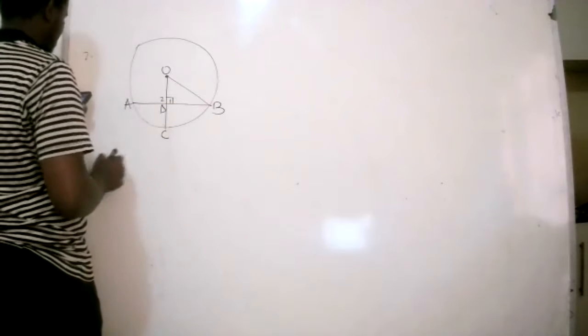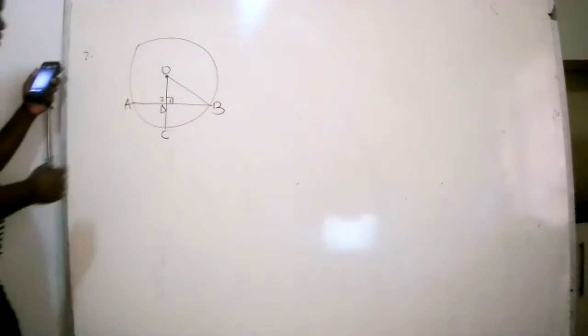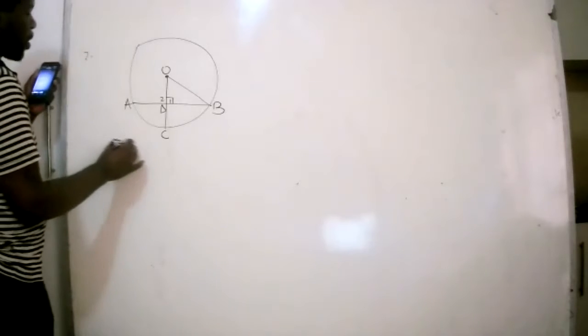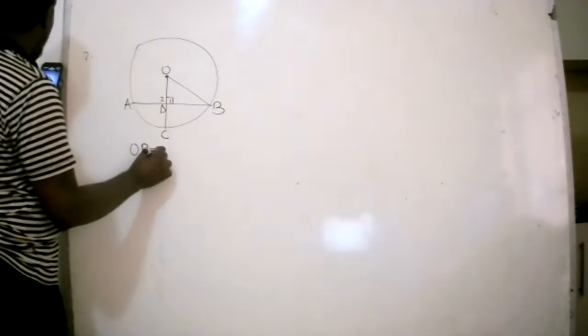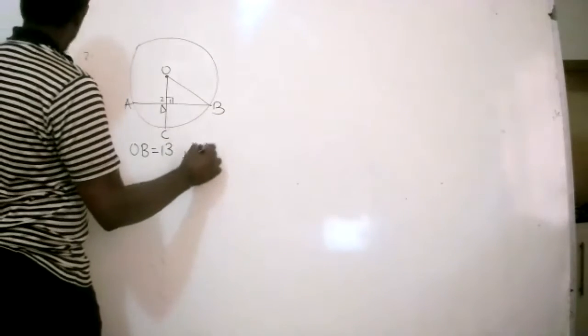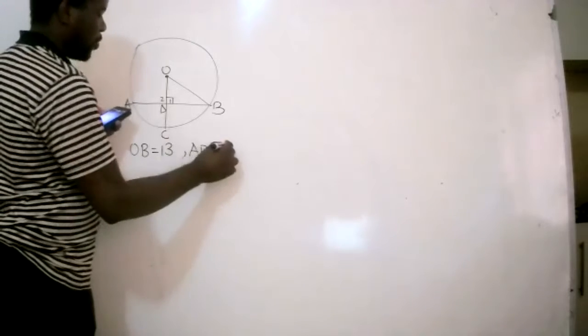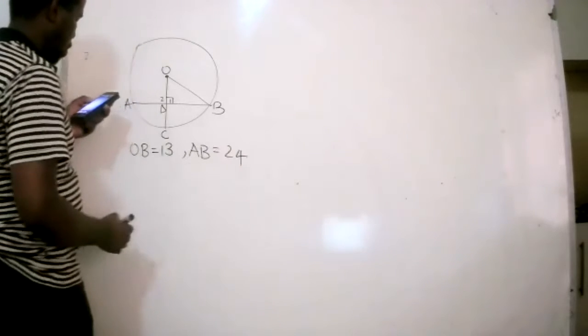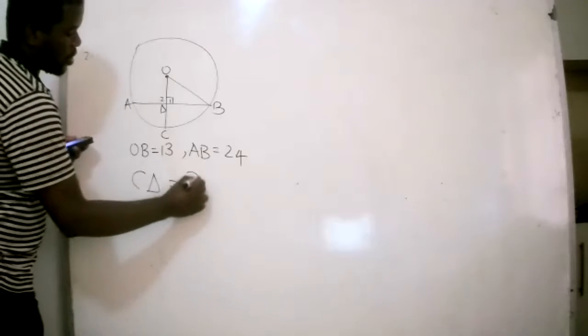Down here we have D. So this is the information we are given, where we are also told that OB is equal to 13 units and AB is equal to 24 units. So our question requests us to calculate the distance CD.